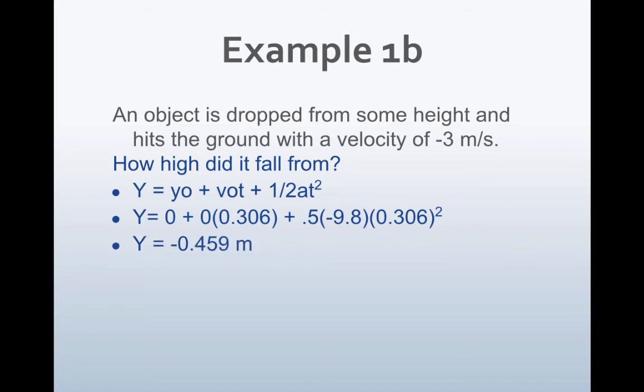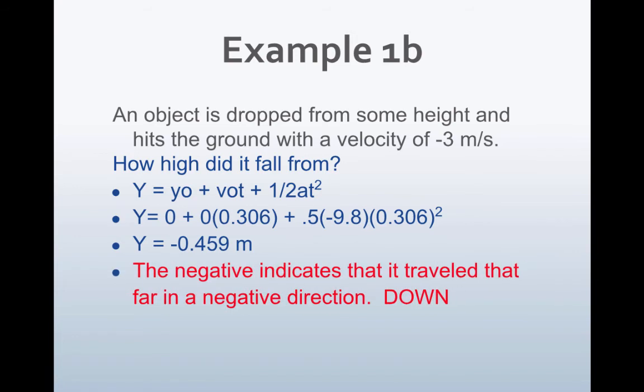Calculating that out, we get y to be a negative 0.459 meters. Now that doesn't mean that it's in a hole. The negative indicates that it traveled that far in a negative direction. It came down.